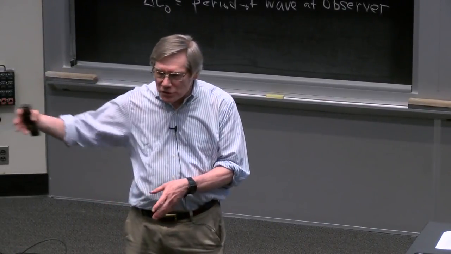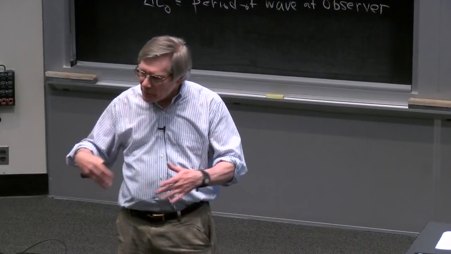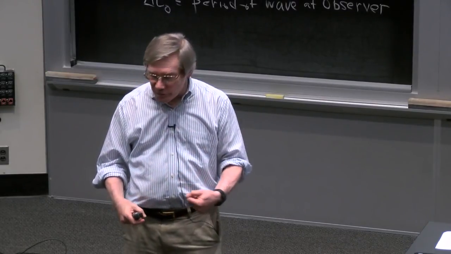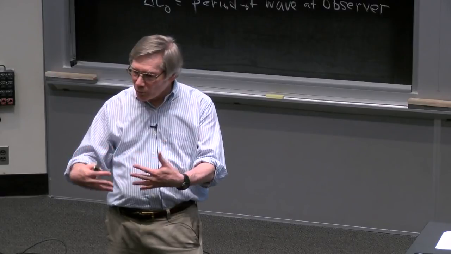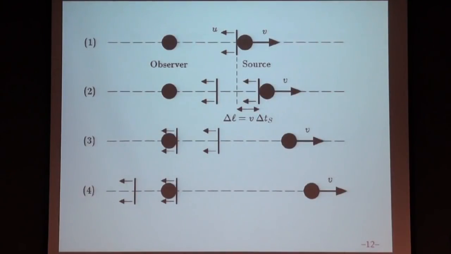If anything is initially described in another frame, you have to figure out what it looks like in your frame in order to fit it together with the other events that you're describing in your own particular reference frame. So for this problem, our frame will be the frame of the slide, the frame which is at rest relative to the observer. So we could also call it the observer's frame.